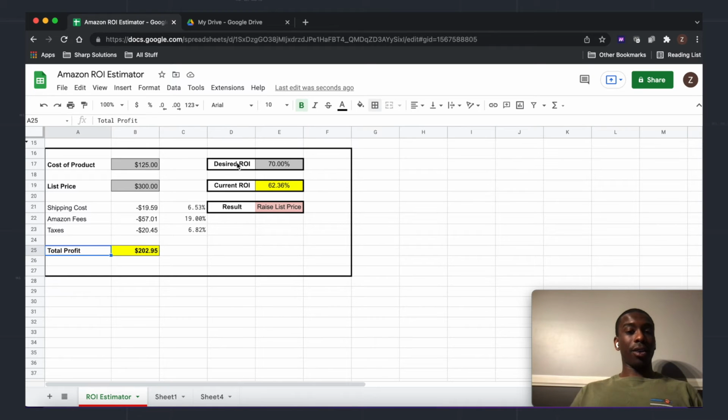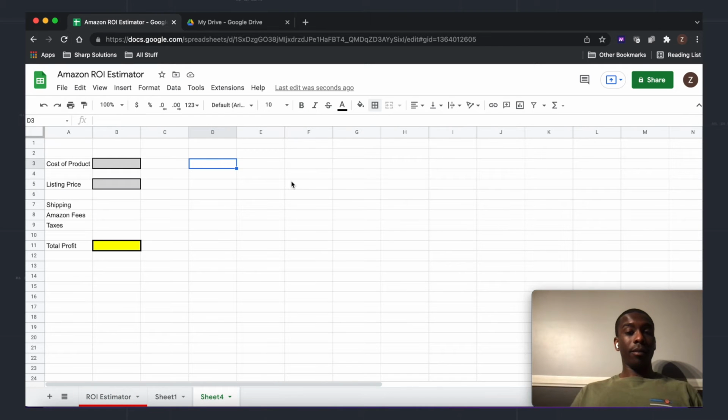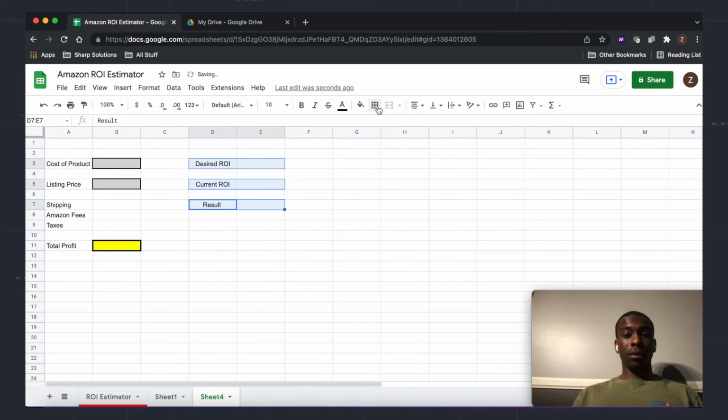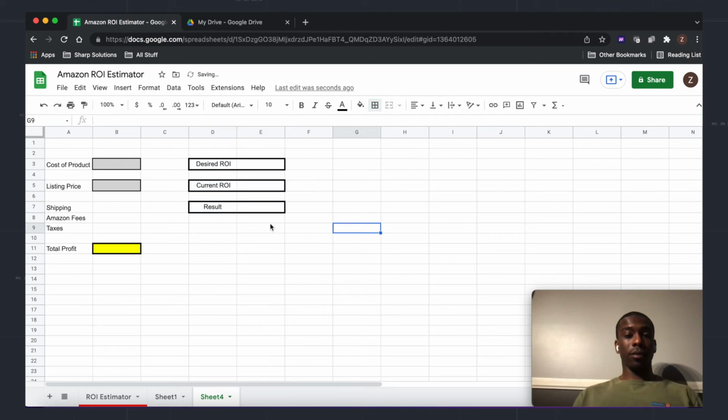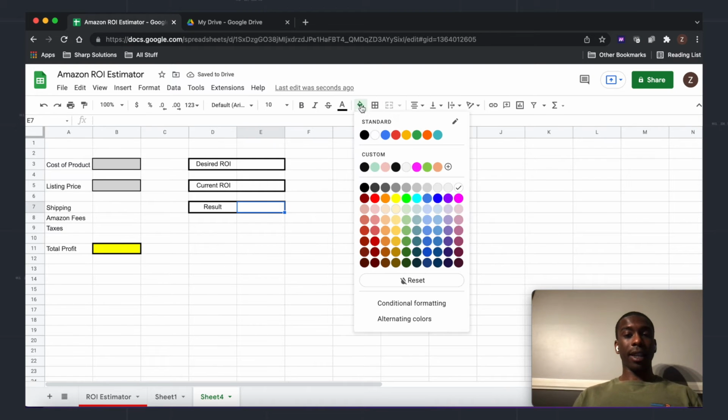Also going to add in the ROI pieces here, so desired, current, and then your result. For the result, I'm going to make that yellow as well.